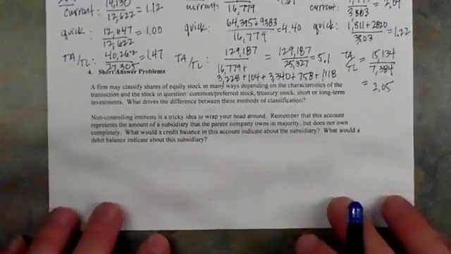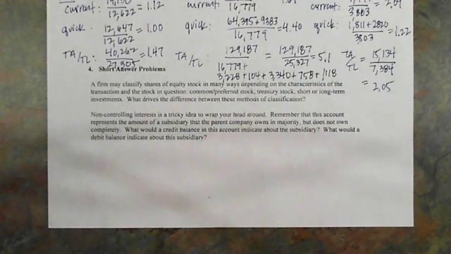The non-controlling interest is a little bit more of a conceptual idea. Remember that this account represents the amount of the subsidiary where the reporting entity owns a majority of the stock, but not all of the stock.